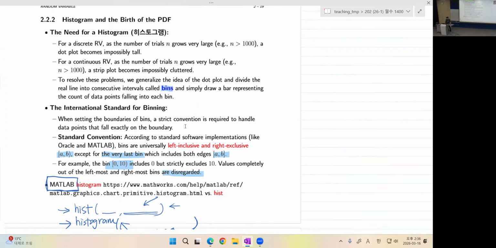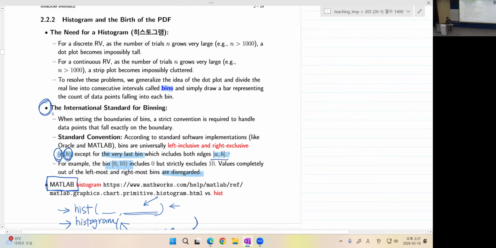Okay, let me go back to English. So read this one. Got it? If you really want to use histogram in your engineering plotting, you must, okay, Professor Cho warned me, look at the definition carefully. The interesting thing is this one. When you are given endpoints of a bin, it is left inclusive, right exclusive, except the rightmost one.